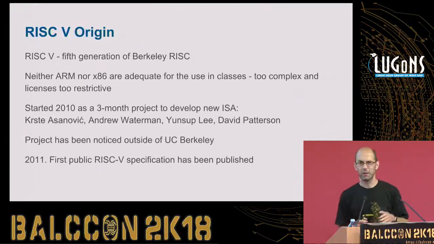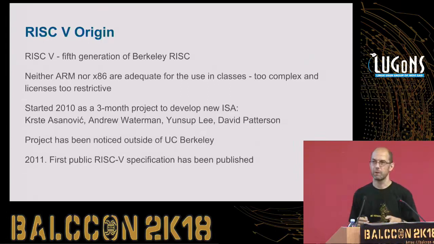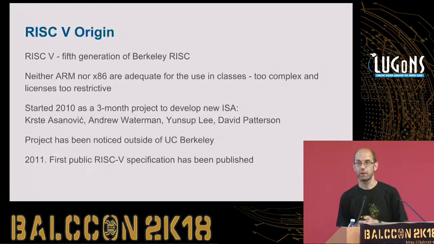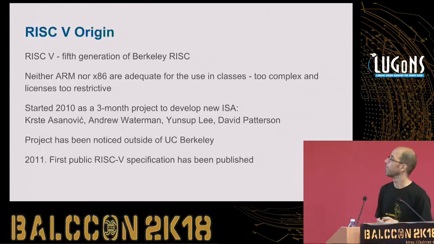Actually, not at first. First, they just tried to develop something that would be suitable for classes at the university. But no architecture on the market was suitable for that, so they tried to design their own.